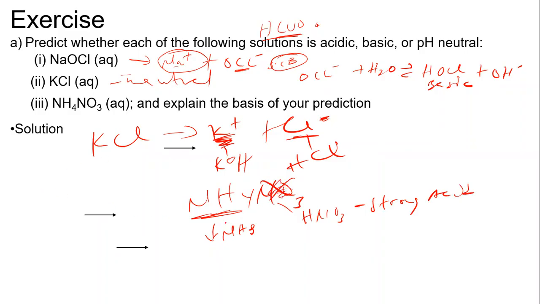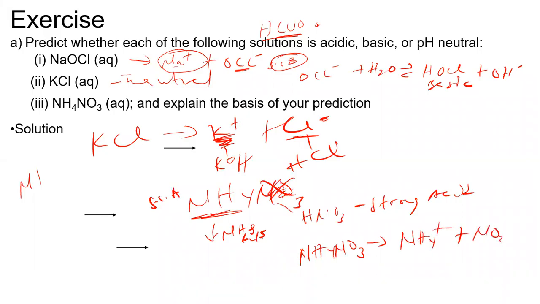Because this is from a weak base, it is a strong conjugate acid. And so the ammonium nitrate will dissociate and give me ammonium ion plus the nitrate ion.